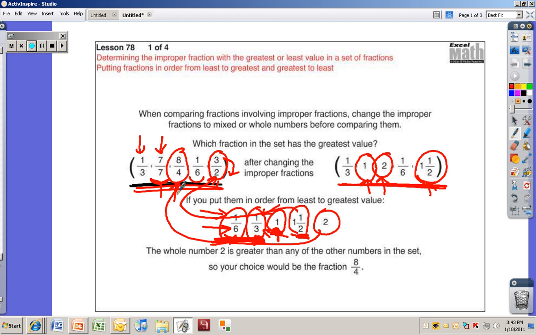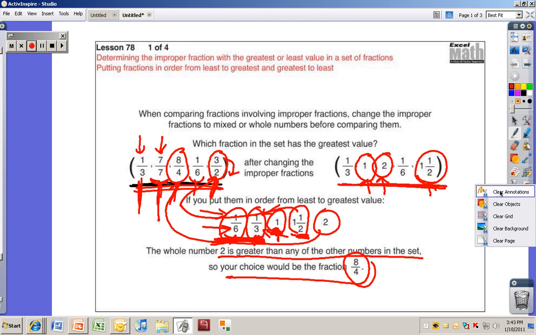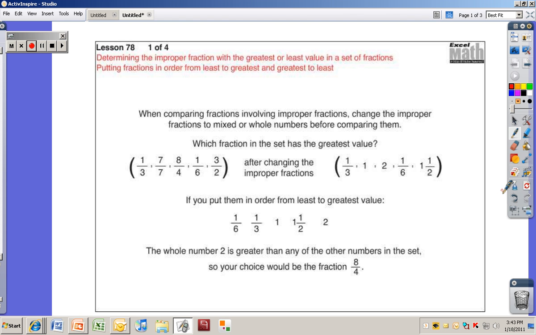The order of the fractions would actually be 1/6, 1/3, 7/7, 3/2, and 8/4. So the whole number 2 is greater than any of these other numbers in the set. So your choice for the greatest fraction in the set would be 8/4. And a lot of times what they ask you to do when you find the greatest fraction is circle the denominator of the greatest fraction.